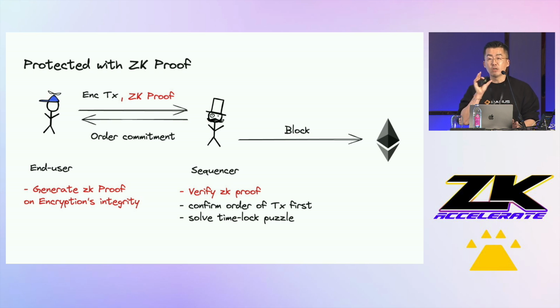So if you want to turn this process into a ZK circuit only, it's really not going to work. The core achievement of Radius is that we made it practical.